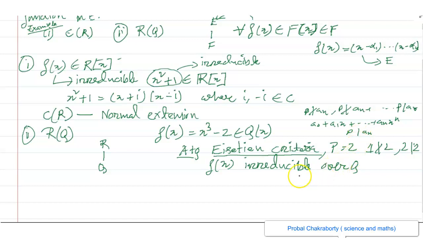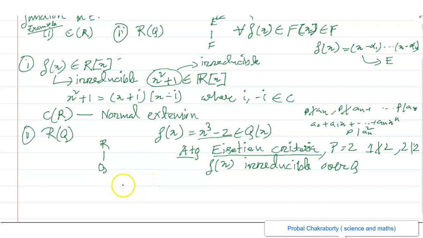This is the Eisenstein criteria. So friends, this is the leading coefficient an. The leading coefficient is not divisible by p. So you see that the leading coefficient is not divisible by 2. So x cube minus 2 is irreducible.